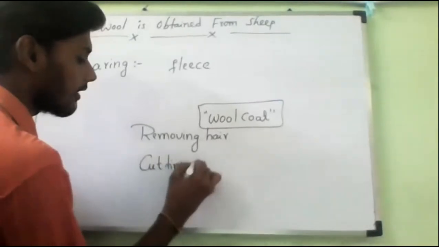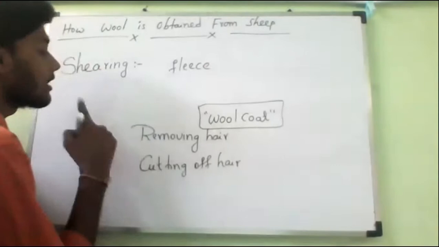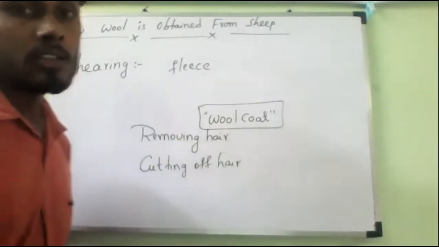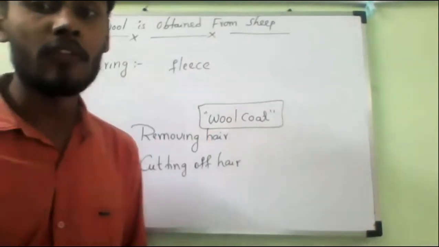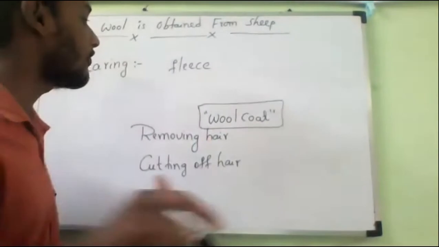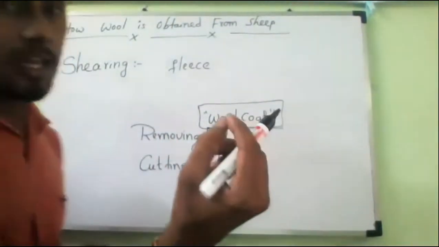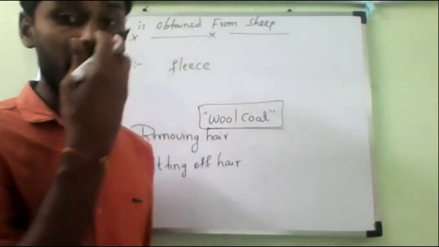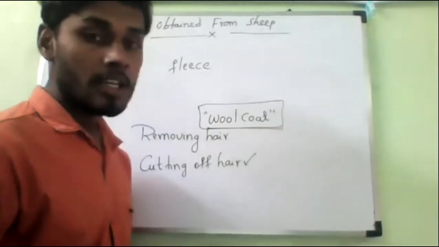Cutting off hair is called shearing. The process of removing hair from the body of a sheep in the form of fleece, along with a thin layer of skin, is called shearing.